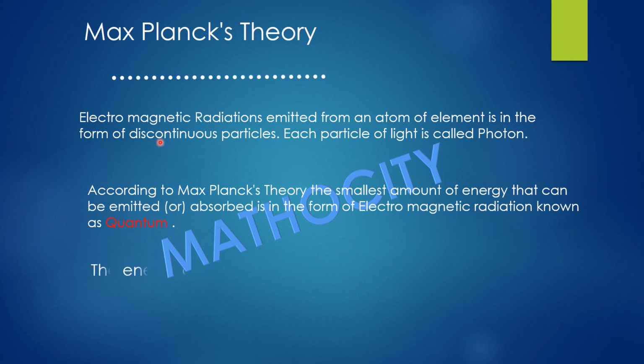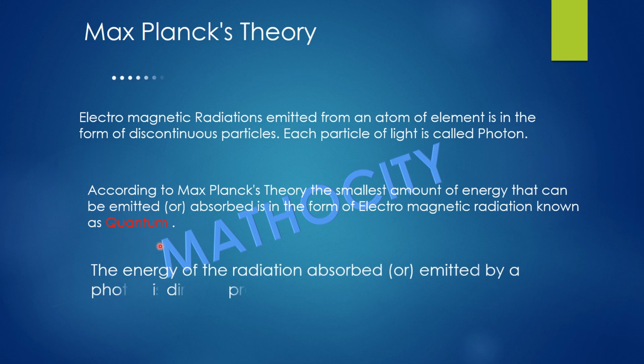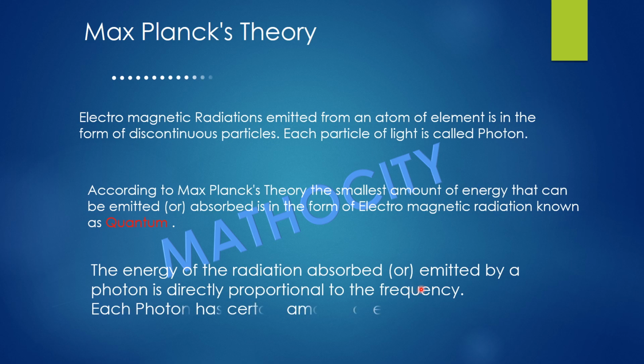That radiation is nothing but energy, and that energy is known as quantum. So the energy of radiation absorbed or emitted by a photon is directly proportional to the frequency.